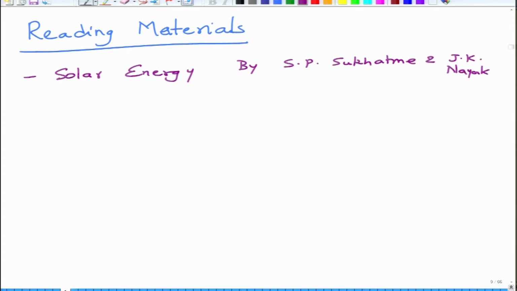This is a book which, although it's on solar thermal primarily, has its first couple of chapters dedicated to fundamentals of solar radiation. So if you want to learn about solar radiation, go to this book.